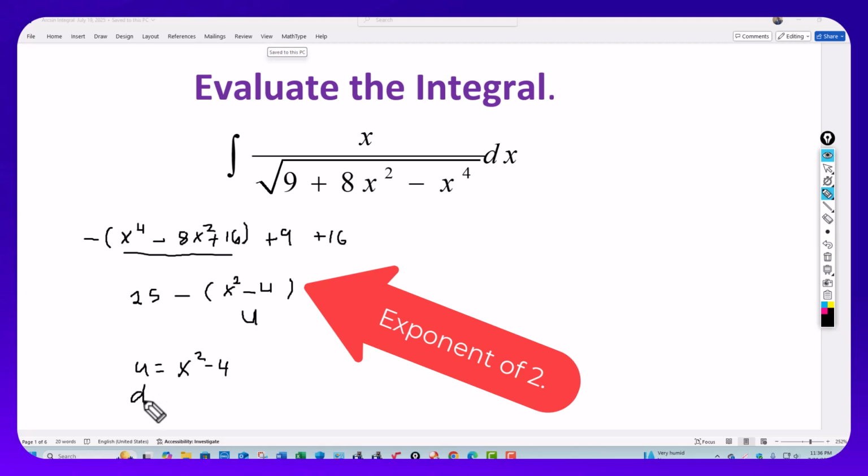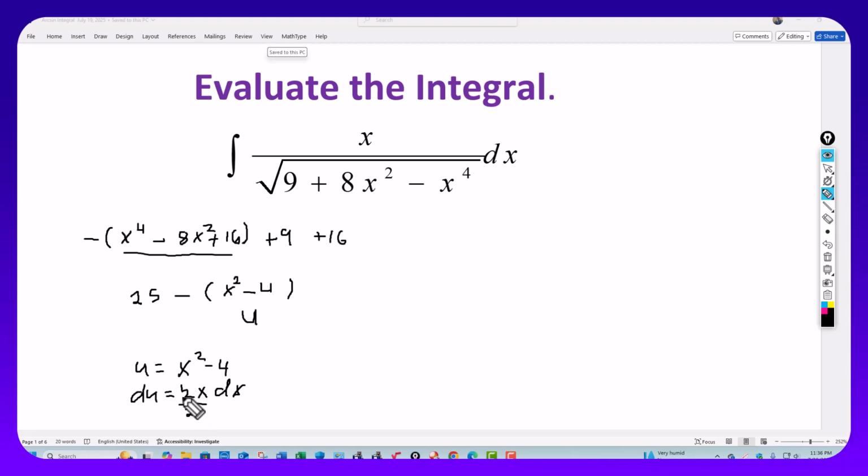Then du would equal 2x dx, and this is divided by 2 here. This will cancel out, and of course put the 2 over here.